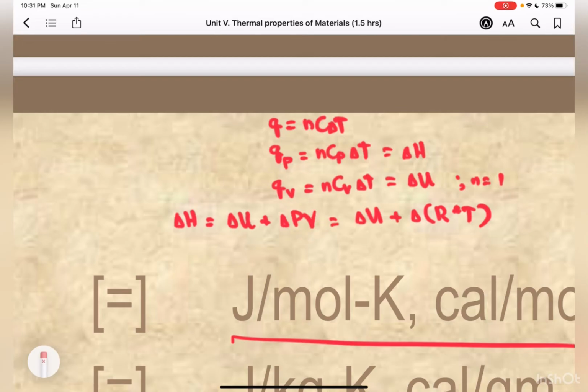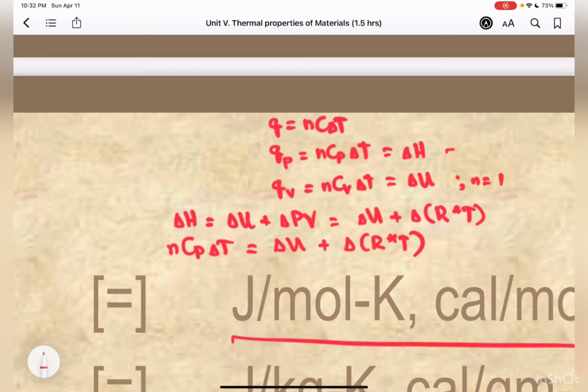Therefore, if I am to equate delta H, it's delta U plus R times delta T. And by substituting the values, if I use delta H to be n Cp delta T, that is equivalent to your delta U plus delta T R multiplied by T.